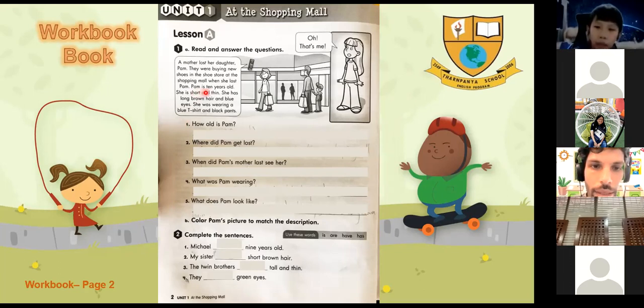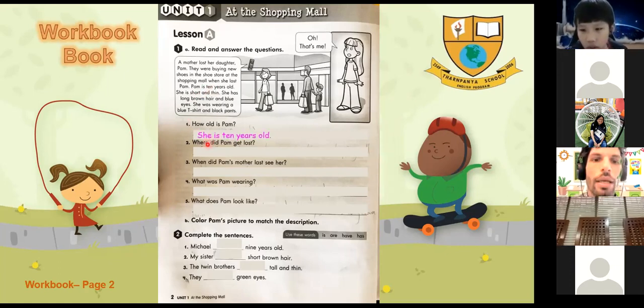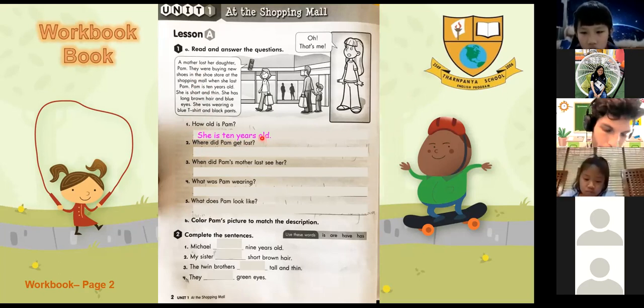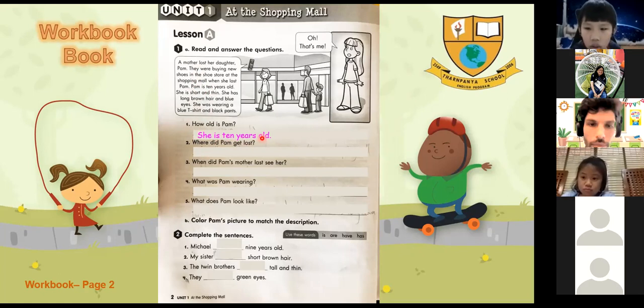Pam is 10 years old. Write it down. Or she, okay, we can write her name, Pam, or the pronoun she. She is, or Pam is 10 years old.